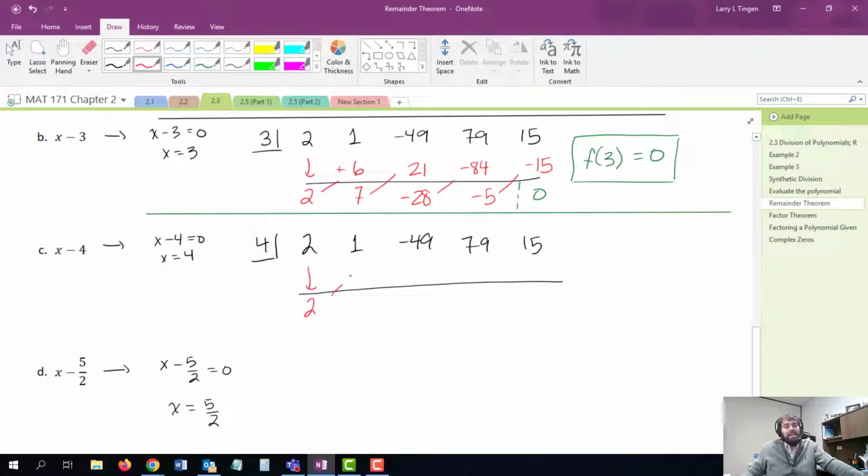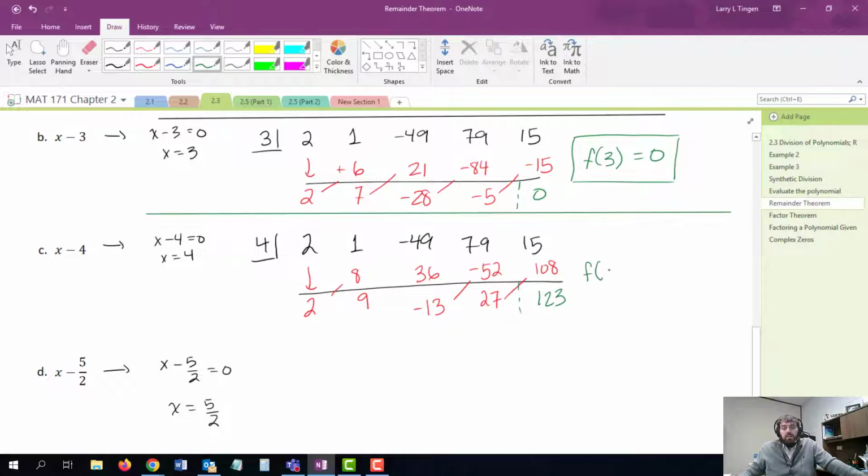2 times 4 is 8. 1 plus 8 is 9. 9 times 4, 36. Negative 49 plus 36, negative 13. Negative 13 times 4, negative 52. 79 plus negative 52 is 27. 27 times 4 is 108. 15 plus 108, 123.